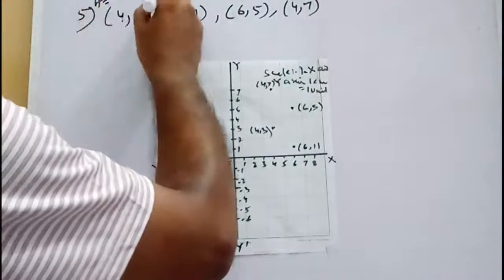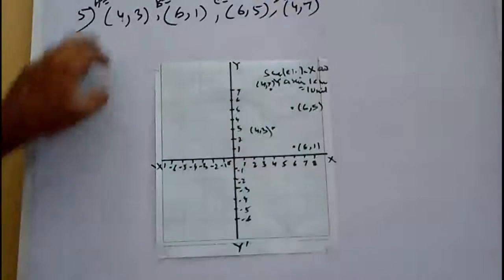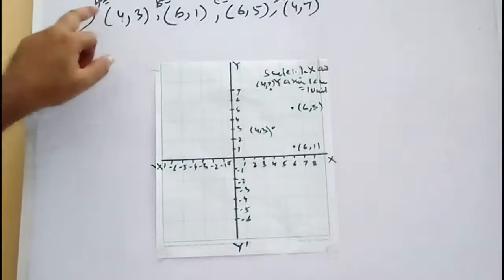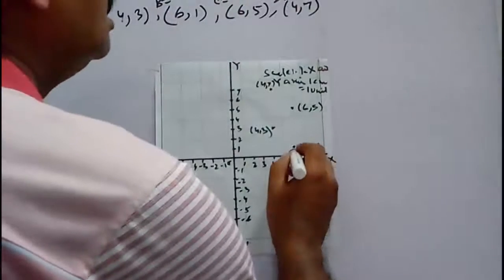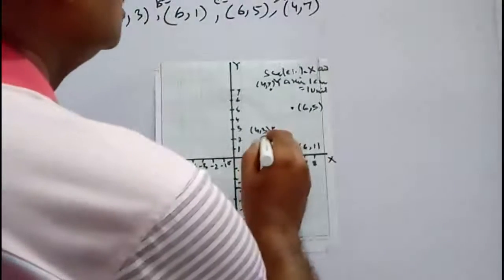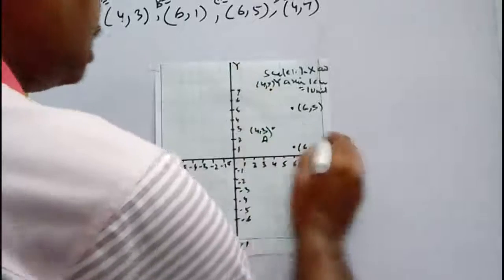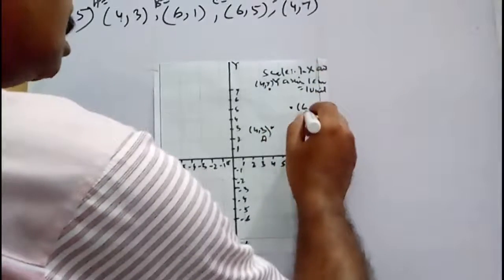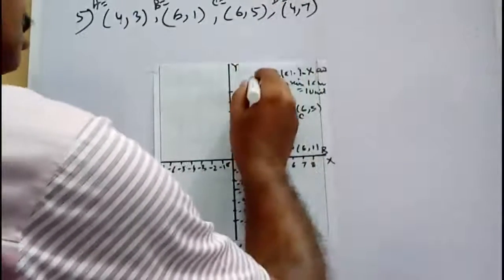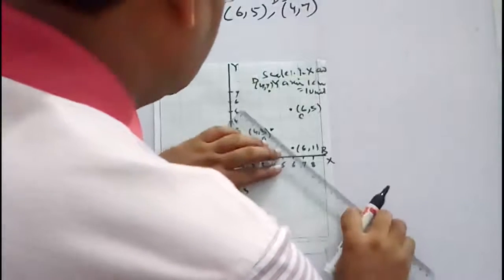This one A, this one B, C and D. Name of this coordinate is A, this point B, this C, this D. So this one 4, 3 is A. 6, 1 is B, so you write B. 6, 5 is C. 4, 7 is D. Now you join these points with the help of scale and pencil.